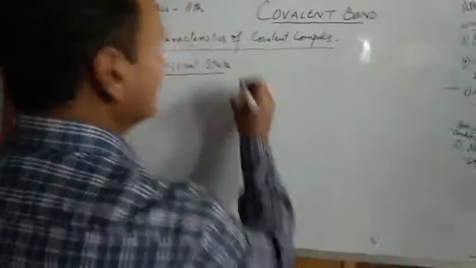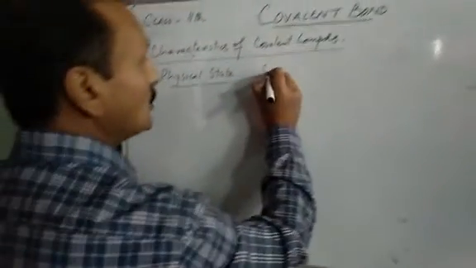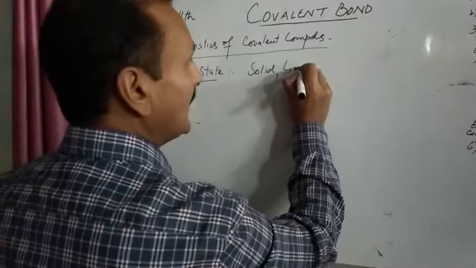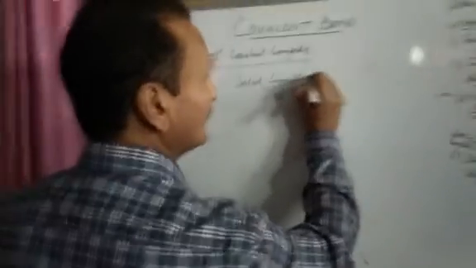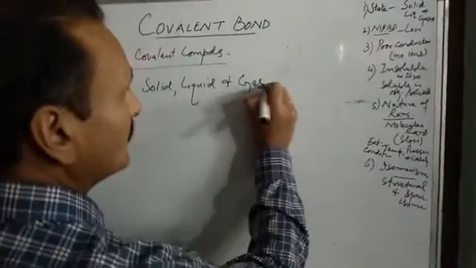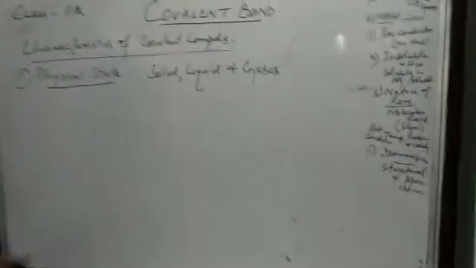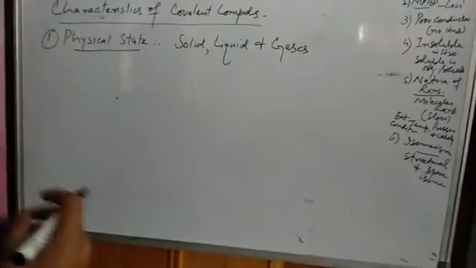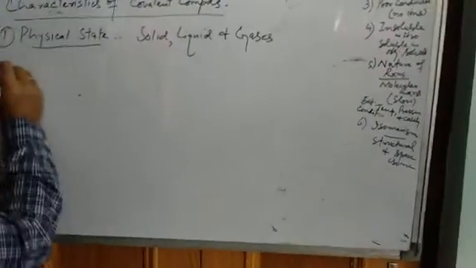These compounds, they exist as solids, liquids and gases as well. So you can find these compounds, that is your covalent compounds, in solid state or liquid state or in gaseous state. Then another property is their melting and boiling points.